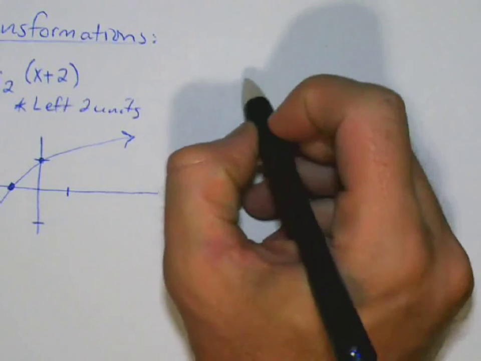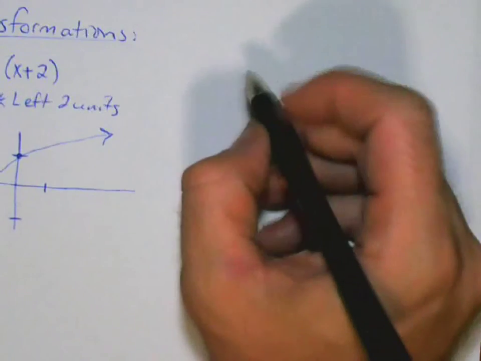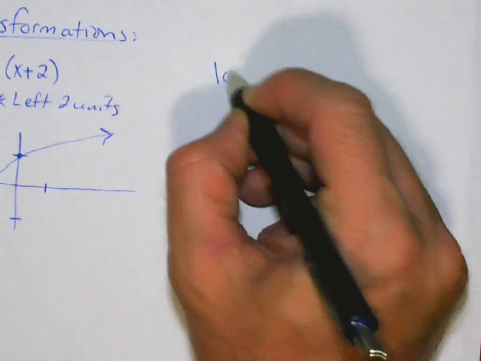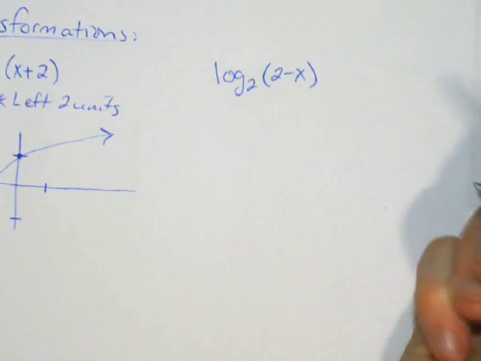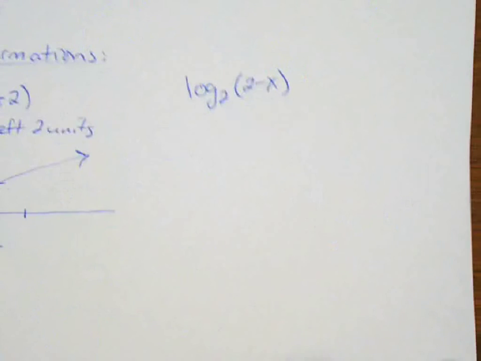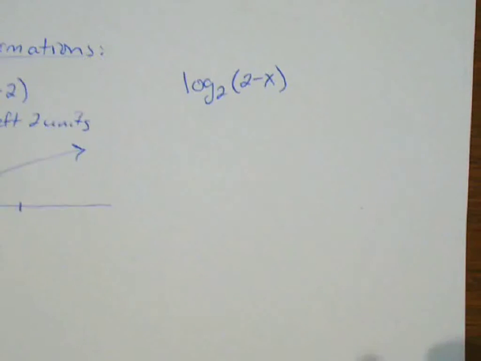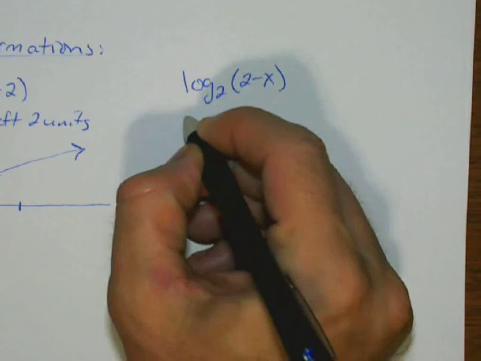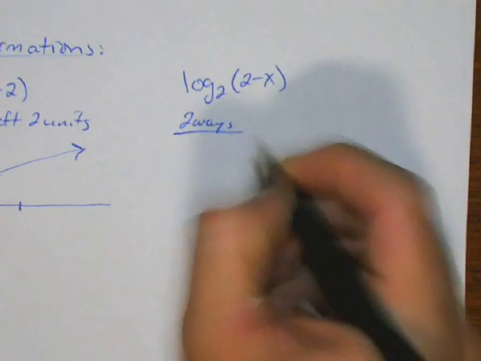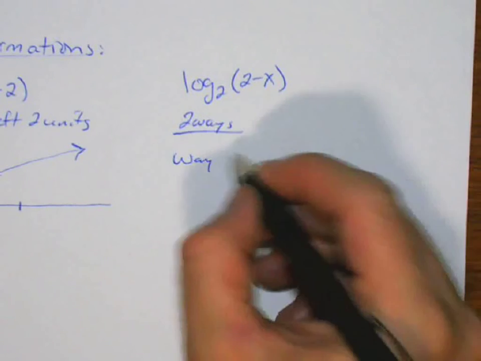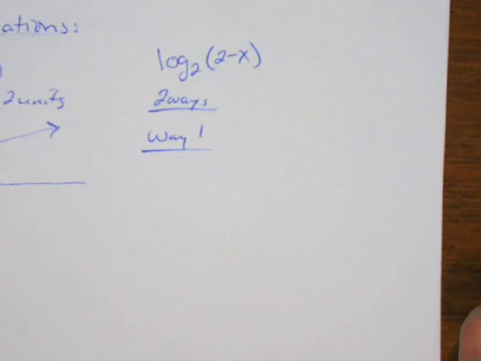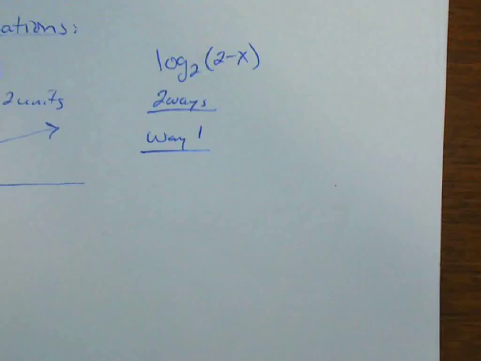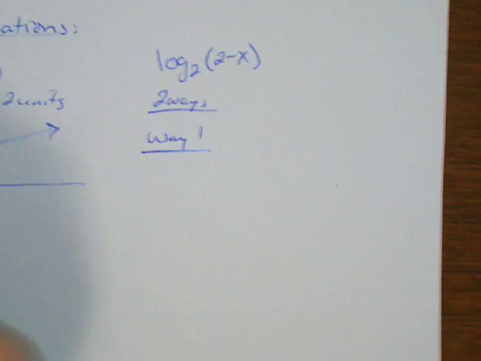The one thing you do have to remember, that kind of gets lost, is if I said log base 2 of 2 minus x. This came up in one of our problems for exponentials in the last lesson, and there are two ways. Way number one is, and this is an order thing, it's not just what happens to this function, but there's an order to it.